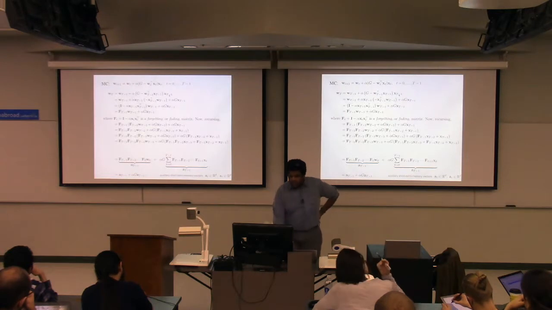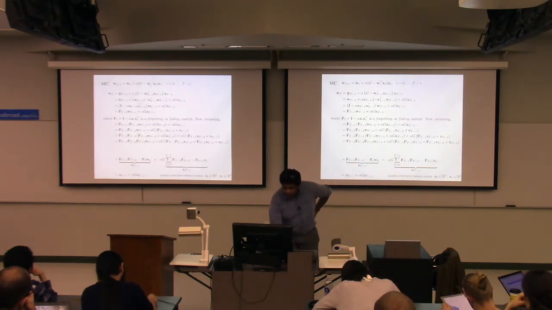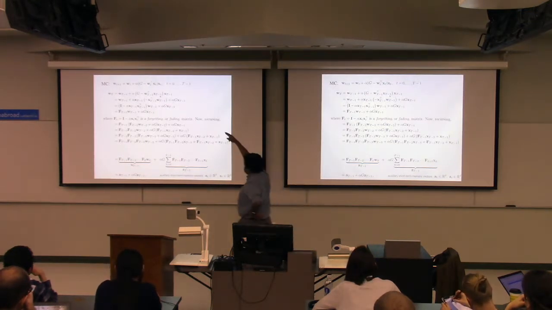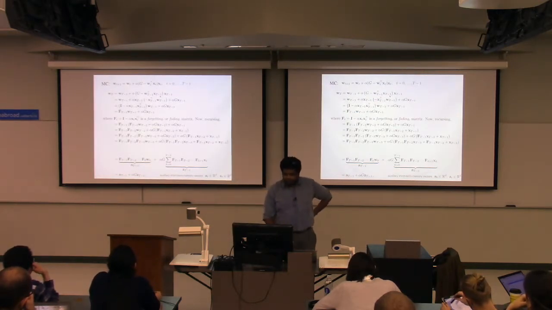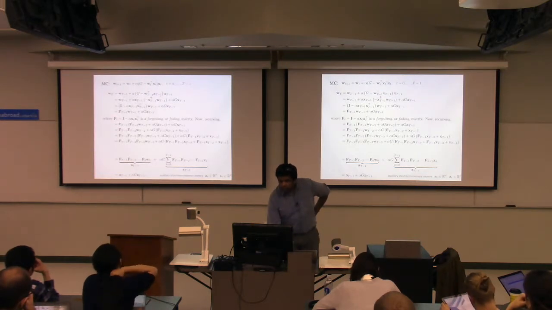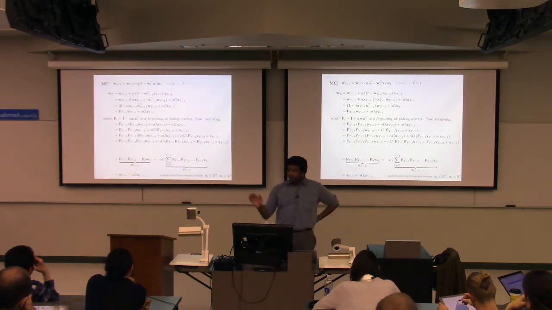I didn't have time to restore the fancy animations, but just pay attention to this first line. This first line is just the original formula instantiated for capital T minus 1. Good? Interrupt me if you have questions.